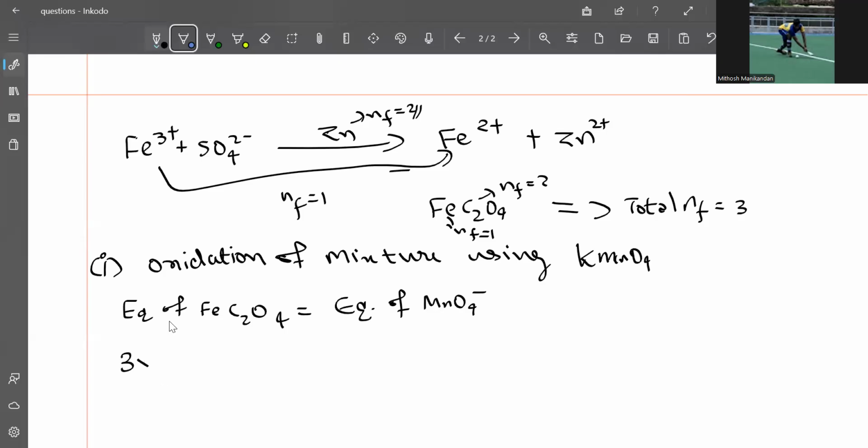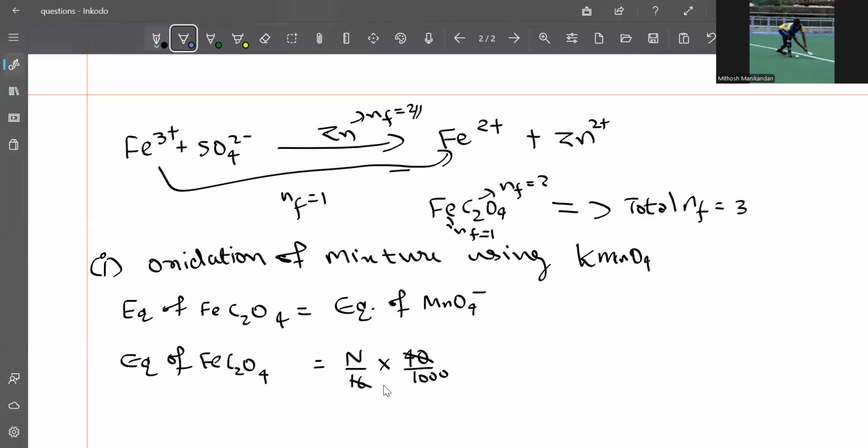Yeah. So let's write the KMnO4 part first, right? You have N by 16 multiplied by 40 divided by 1000 should be equal to equivalent of FeC2O4. Correct?